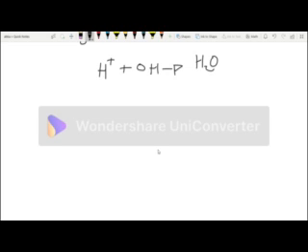We can represent the net ionic equation for neutralization between strong acids and strong bases: the hydrogen ion, which is a strong acid, and the hydroxyl, which is your strong base.